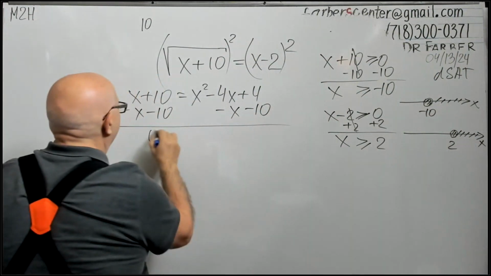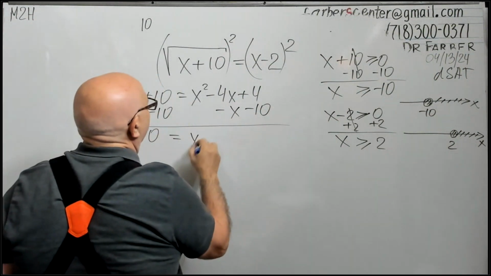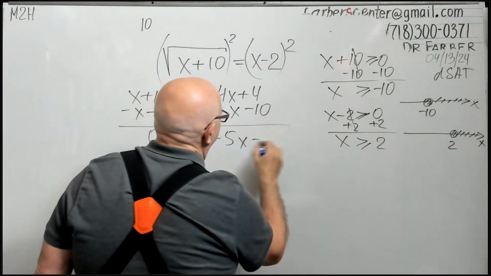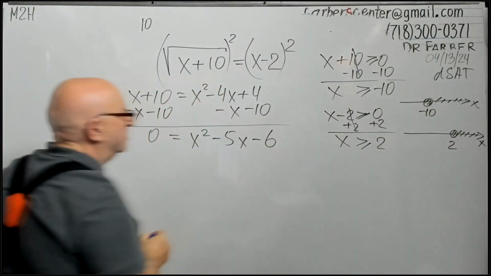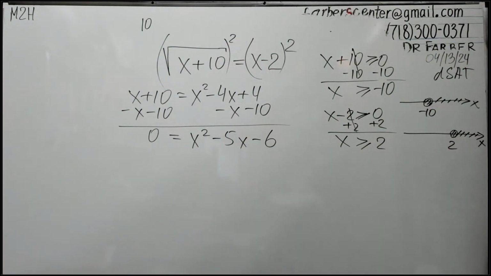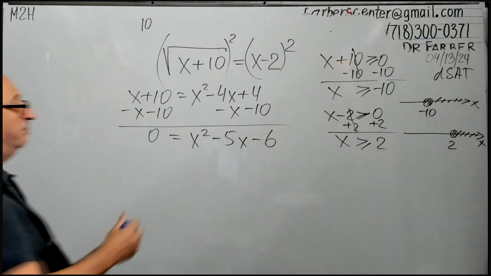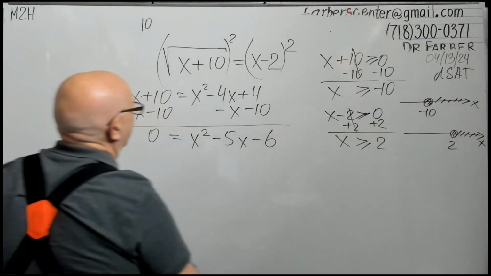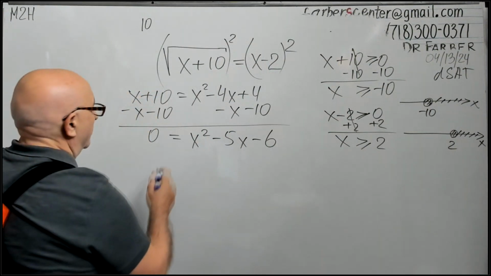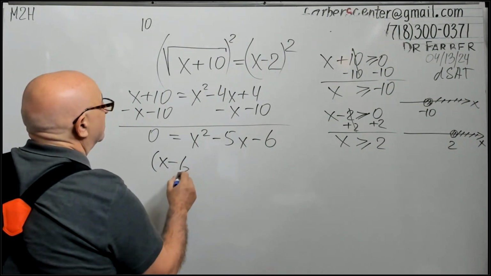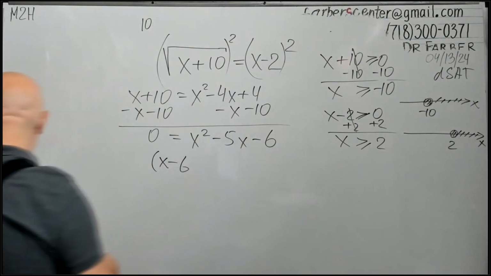You have 0 equals x squared minus 5x minus 6. Any questions? Somebody writing questions? No questions, right? Okay, now factorize.